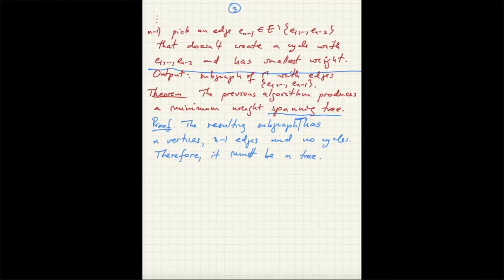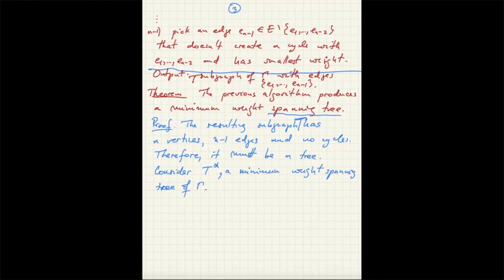Now, what do we want to prove? We want to prove that T has minimum weight. To do that, let's consider T star, a minimum weight spanning tree of gamma.